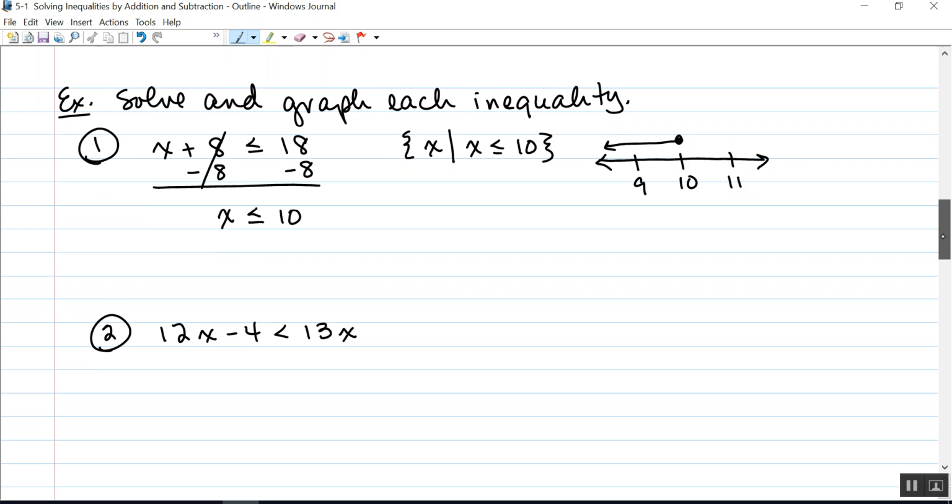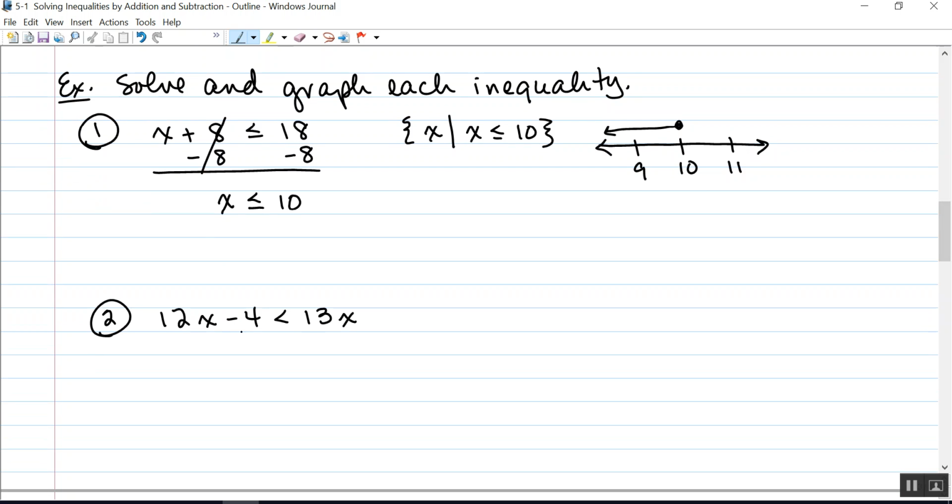Our second inequality here is 12x minus 4 is less than 13. Notice there's an x on each side, and I think it would probably be easier if I were to subtract 12x on each side. So those will cancel out and leave me with negative 4 is less than x. And I don't really like it looking like that.